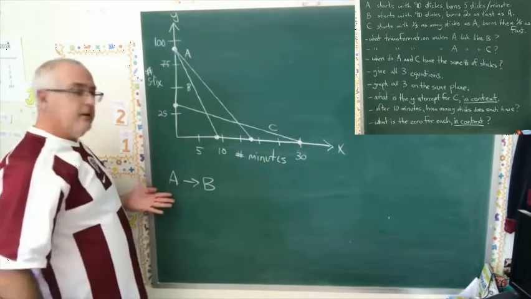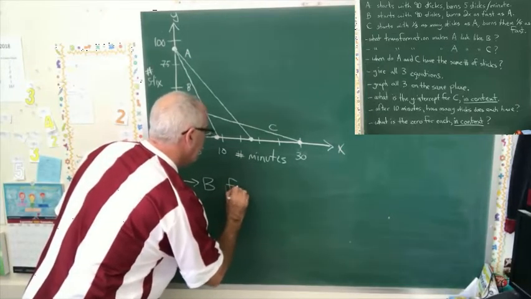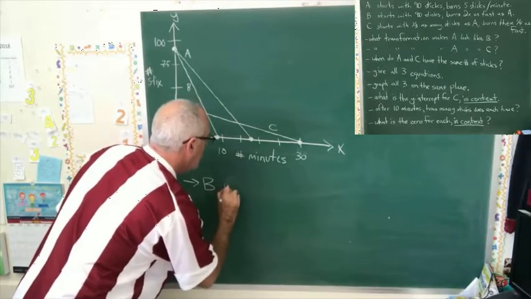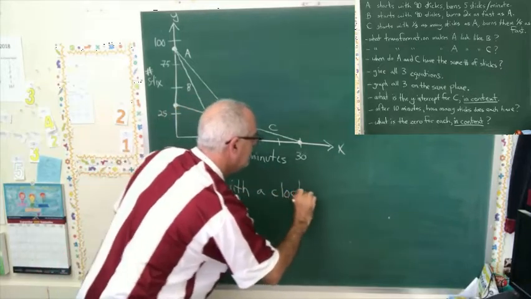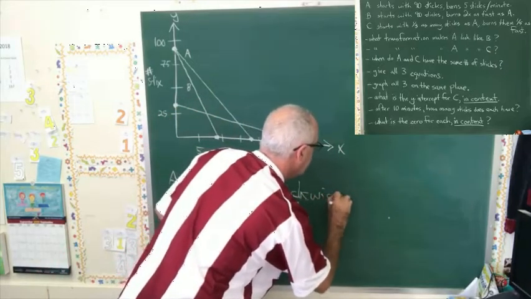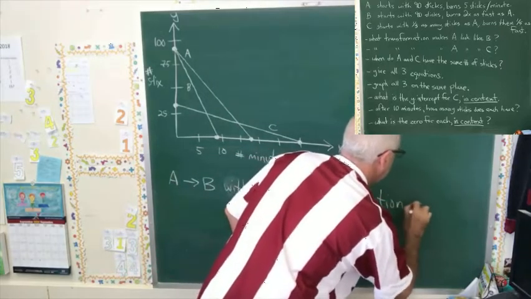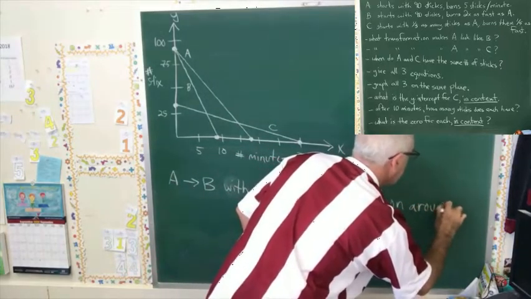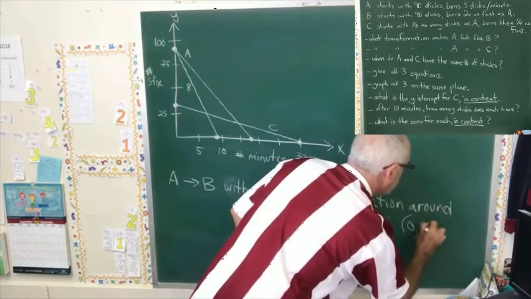So I'll use shorthand to say A turns into B if you, I'll say, with a clockwise rotation around the point 0, 90.